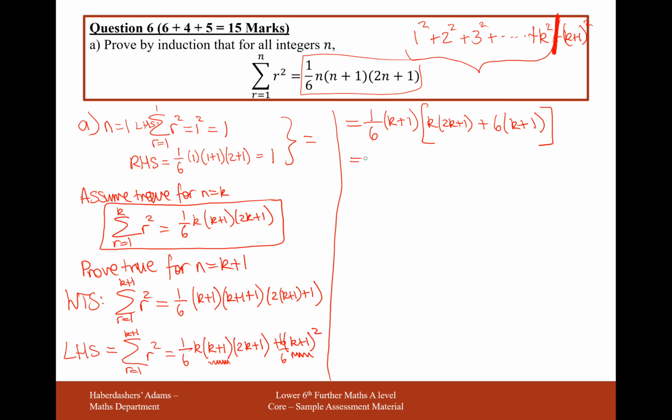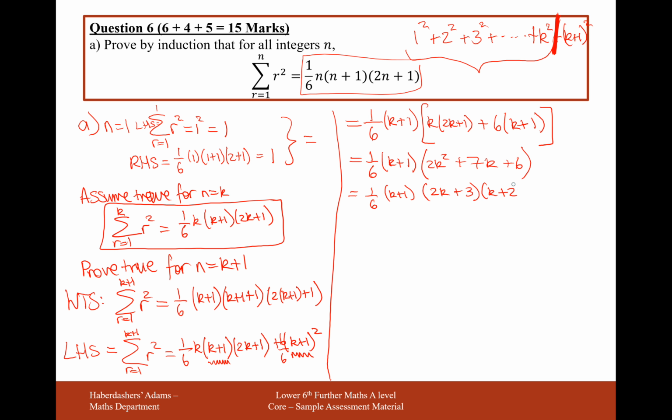So let's expand this bracket now, not the whole bracket, we obviously don't want to do that, otherwise it would have been pointless factorising, just inside the square brackets here. So we're going to get a 2k squared plus k plus another 6k later on, that's 7k, and plus the 6. And this will factorise down to 2k plus 3, k plus 2.